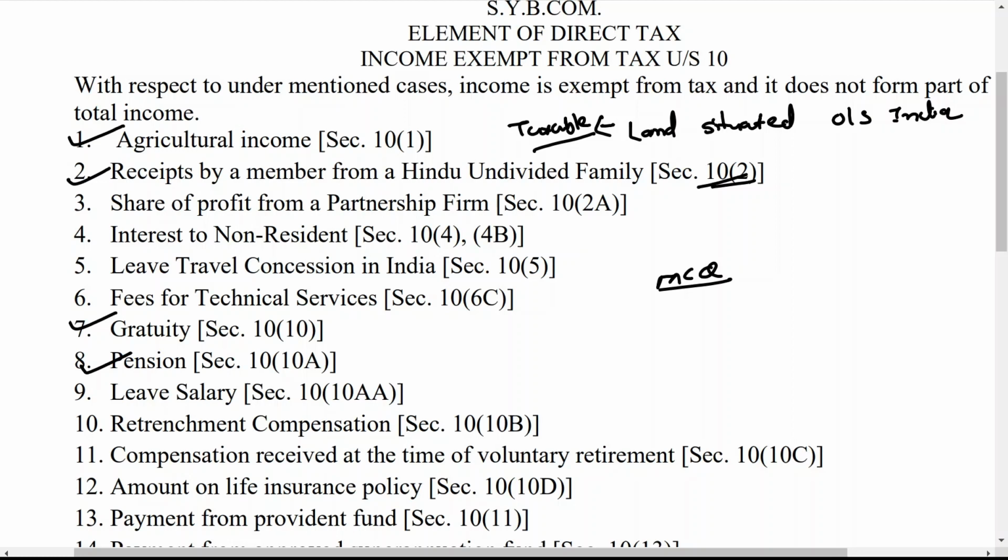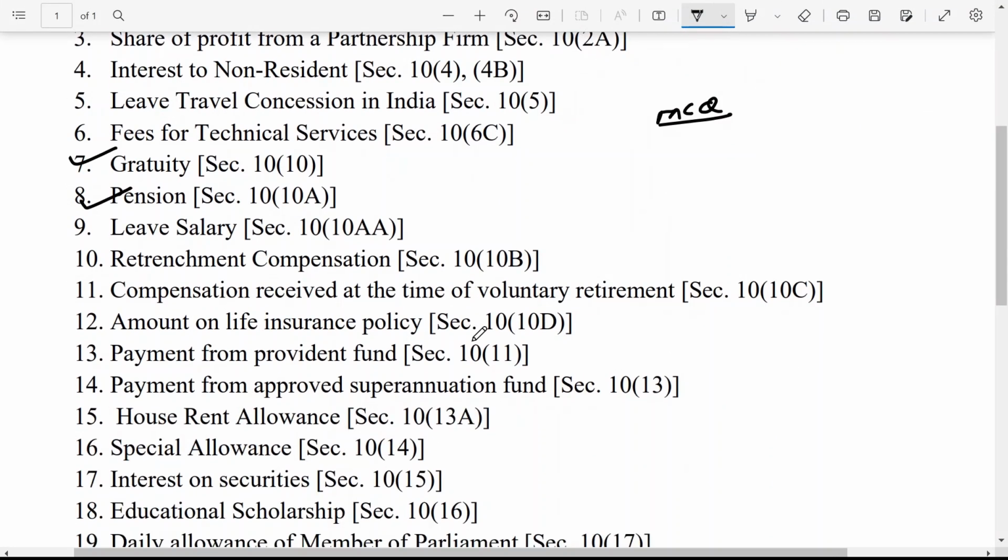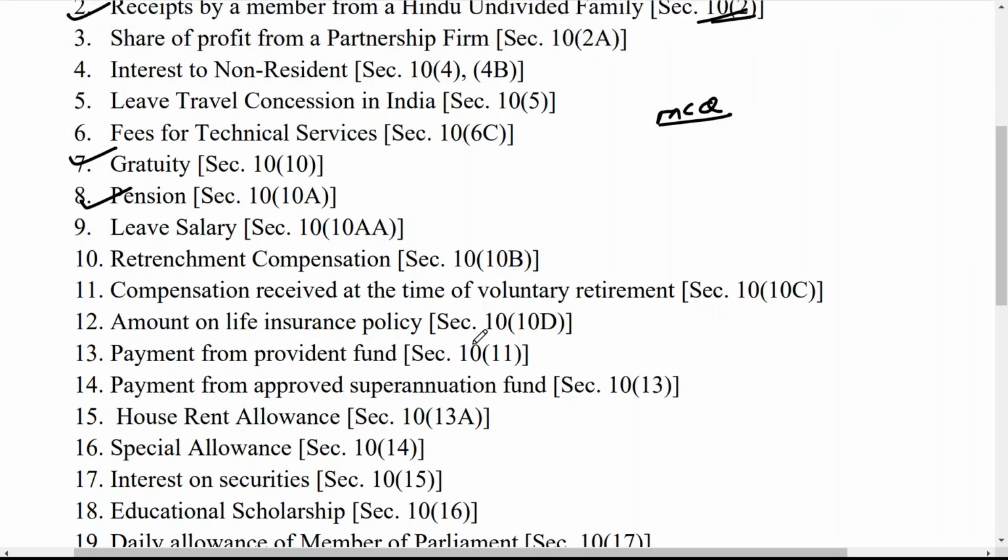Another MCQ can be: which exemption is given to attract a foreign investor to invest in our securities? Different options are given. In that case, what is your answer? Interest on securities received by an NRI, that is totally exempt.